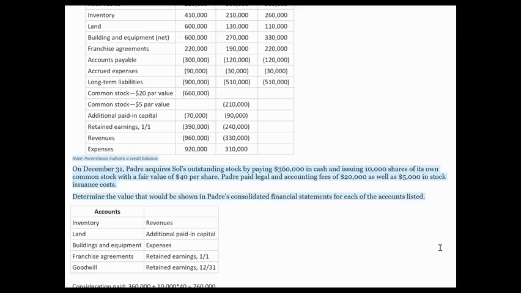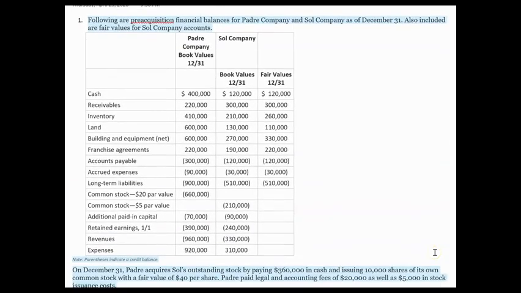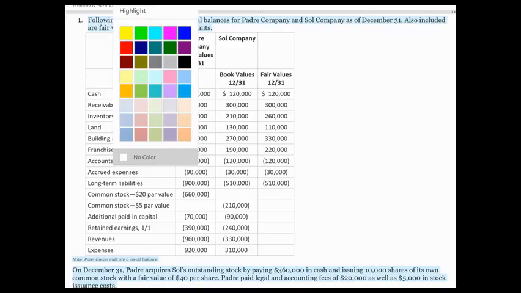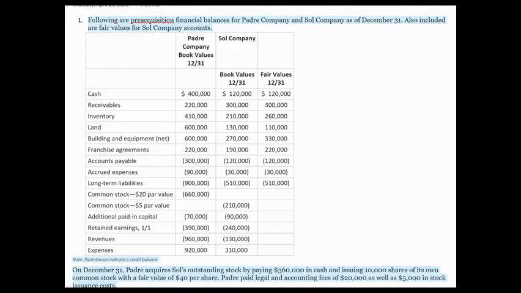Alright, so the question is asking for the consolidated balance of those accounts. And the basic equation or formula we use in those acquisition questions is to use the parent company's book value on the acquisition day plus the subsidiary company's account fair value on that date.